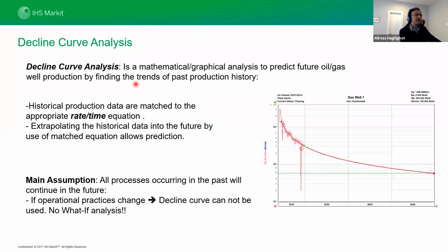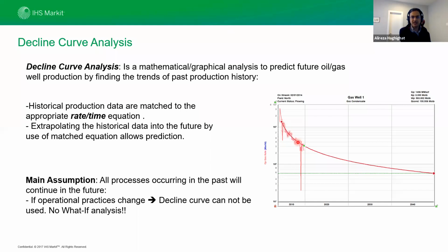So decline curve analysis, let me again explain what we do. In order to use decline curve analysis, the goal is to forecast the well performance and understand how much in total the well is going to produce throughout its life. So what we have here is production data versus time. Our job is to create a curve that fits through this data.